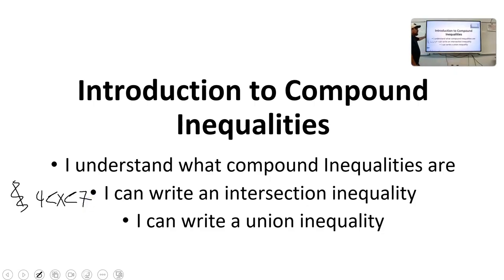Or a union would be, you have to be less than 18 to get a discount, or you have to be bigger than 65 to get a discount. So those are our different types of compound inequalities.